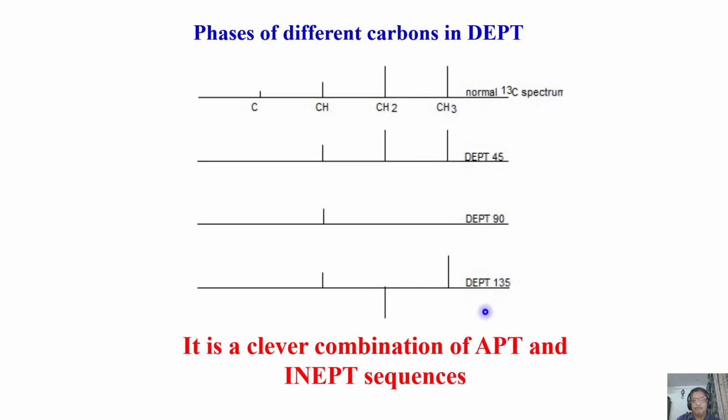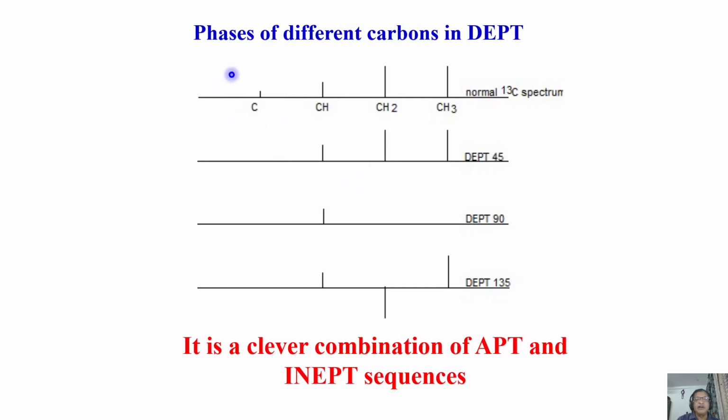So this is a stick plot, not a real spectrum. If I do a normal carbon 13 experiment, you see all carbons: CH3, CH2, CH, quaternary. I do DEPT 45, I don't see quaternary. Why? Because it is not attached to protons, so there is no question of detecting it. So do a DEPT 45 experiment and find out the difference between this and this.